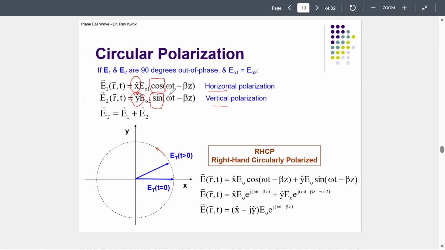They're 90 degrees out of phase. Then what happens? Let's look at, again, we said always look at when time goes to zero, right? When t is zero, z is zero, I have sine zero is zero, right? That means the total electric field at that time is only E1 along the X direction.